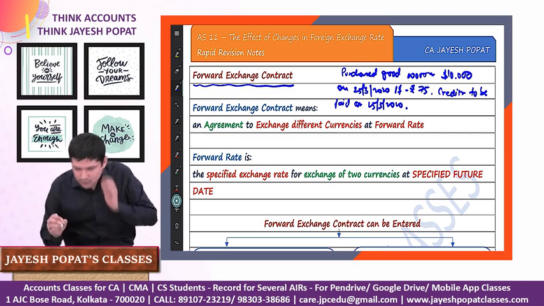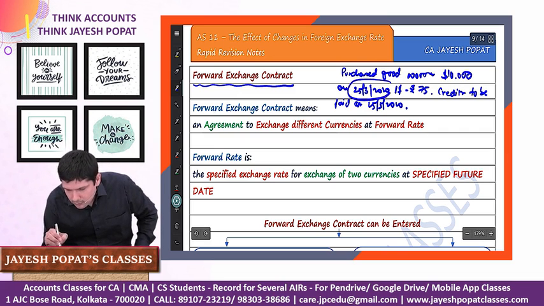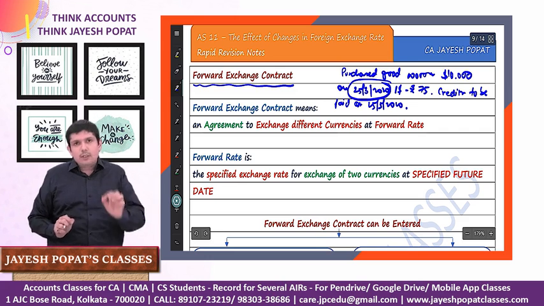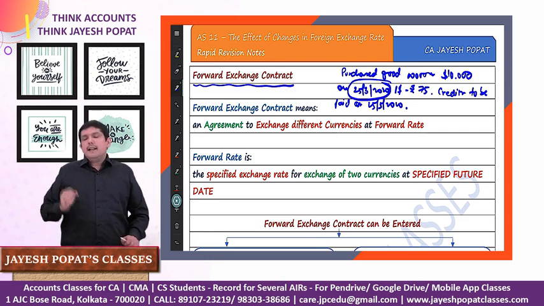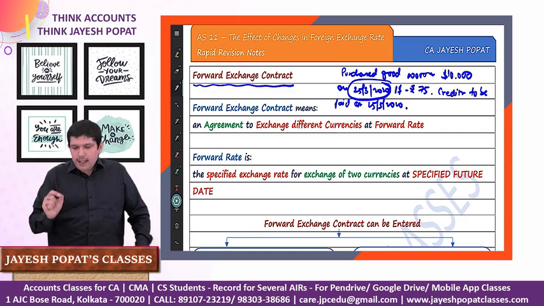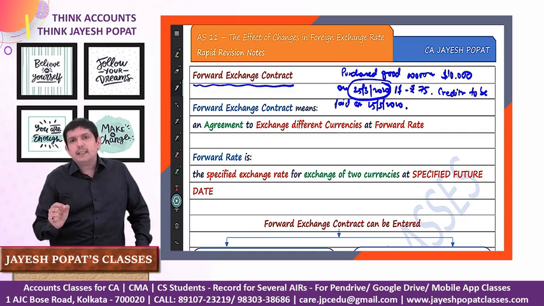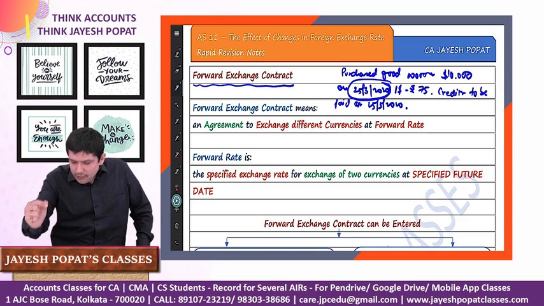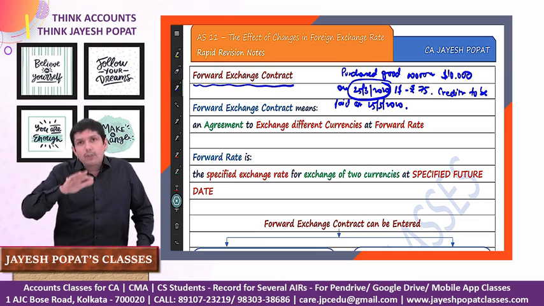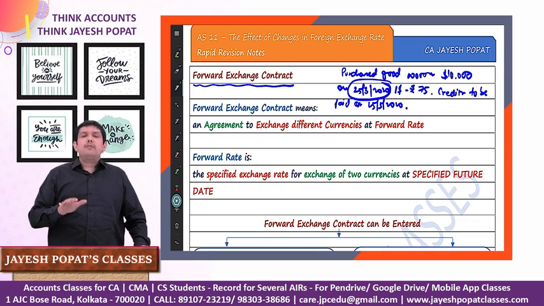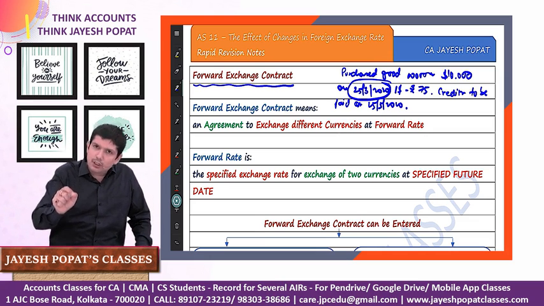So on 25th of March 2020 itself, on the date I have made my purchase, I will go to my bank and tell the bank, bank, I need to make a payment of $10,000 on 25th of May, which is 2 months from now. But I want to make a contract today for purchase of these $10,000 from you.